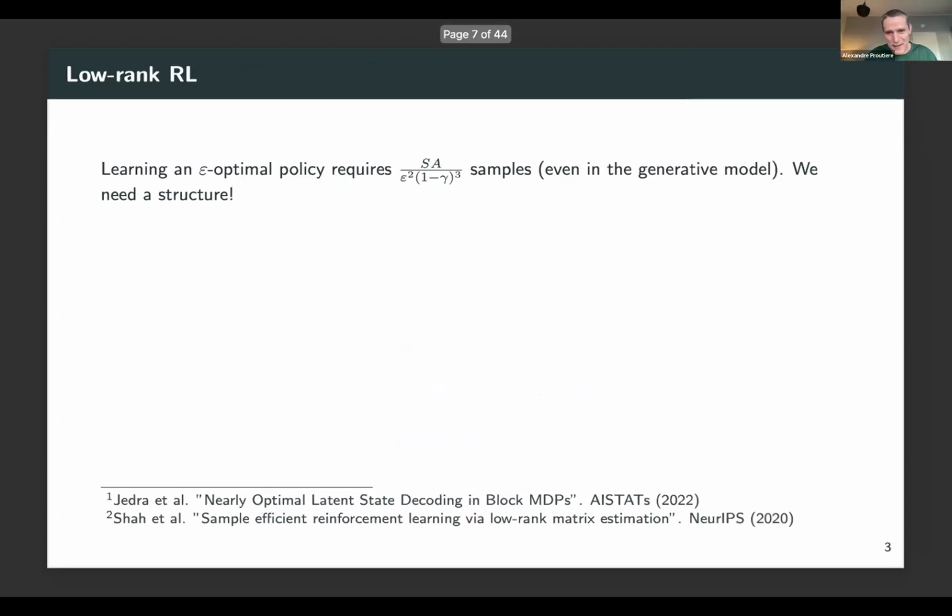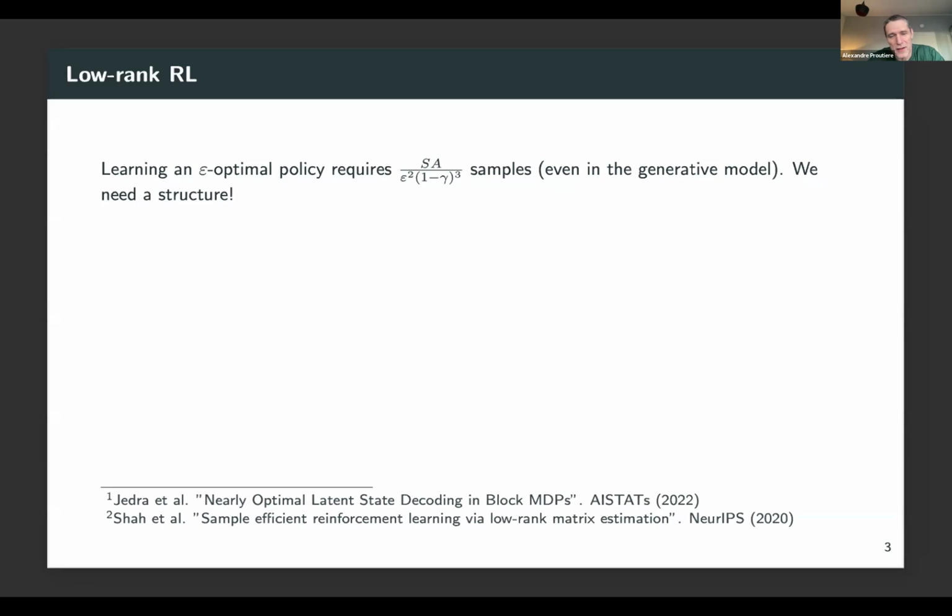Right. So, speaking of lower bounds, if you want to learn an epsilon-optimal policy, it will require a number of samples, even in the generative model where you can gather experience. An experience is a state, an action, a reward, and the next state. With a generative model, at every experience you gather, you can go to another state and gather an experience from there, so you don't have to follow a trajectory.